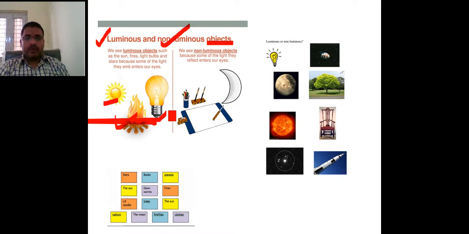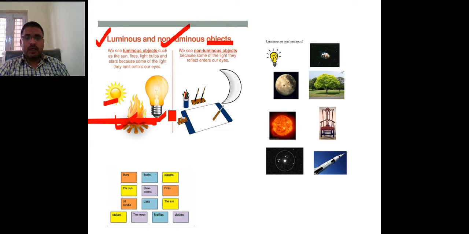In case of a bulb also, though we provide some kind of external supply, the light which is present in the bulb is its own. That's why the kind of object which carries its own light is a luminous object.